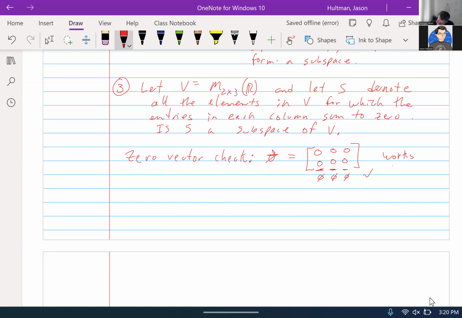Okay, so we move on to addition and multiplication. Let's move on to closure. Let's check addition.